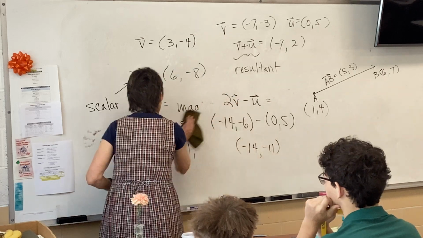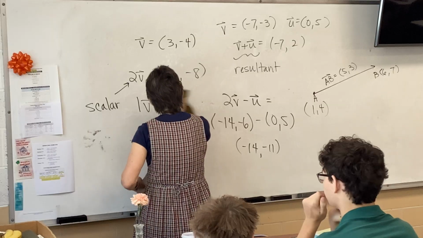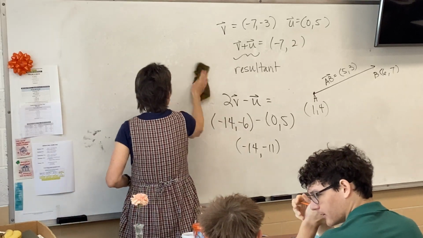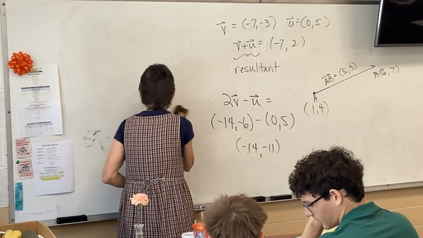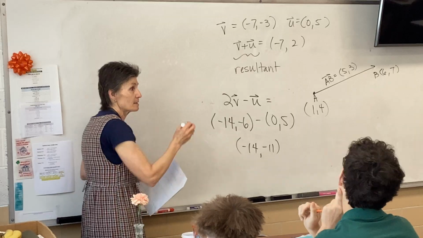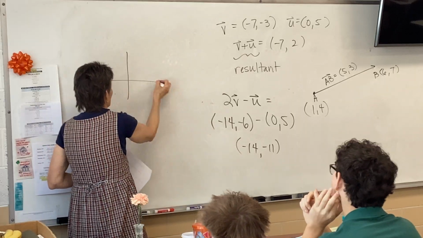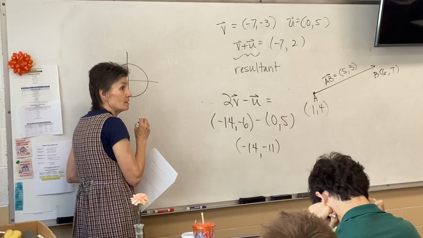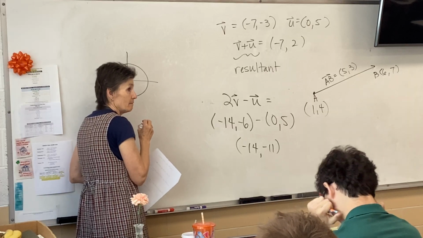We're going to find a unit vector. Anybody have an idea what a unit vector might be? You remember what your unit circle is? What's your unit circle? Centered at the origin with a radius of 1, right?